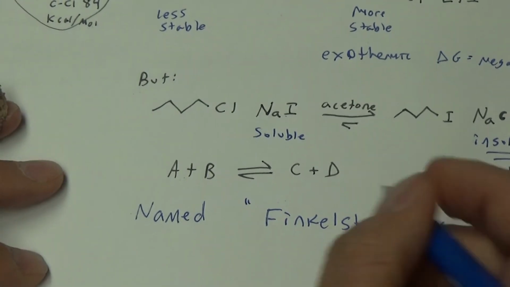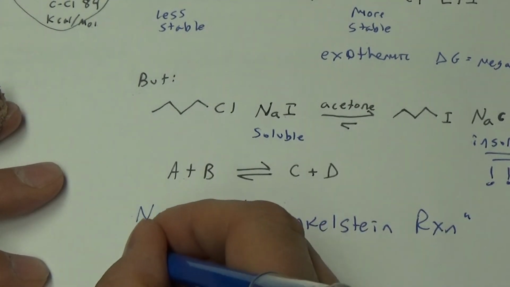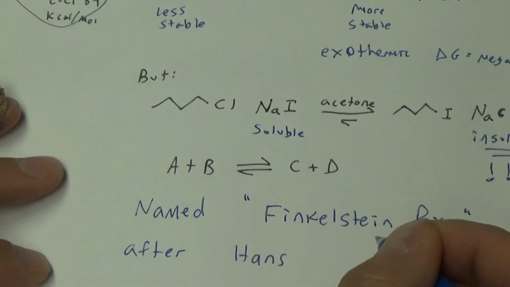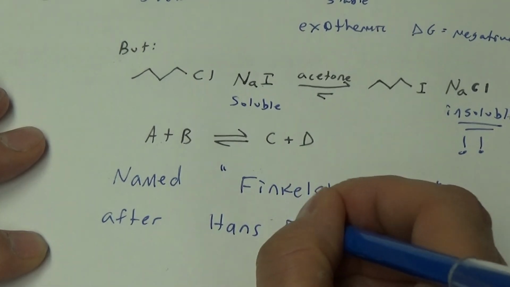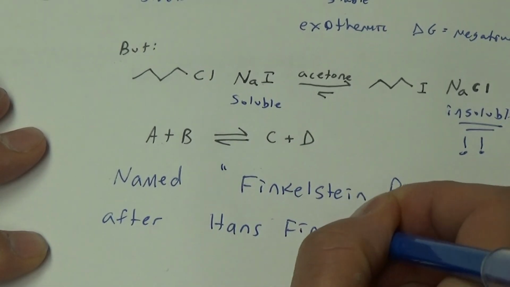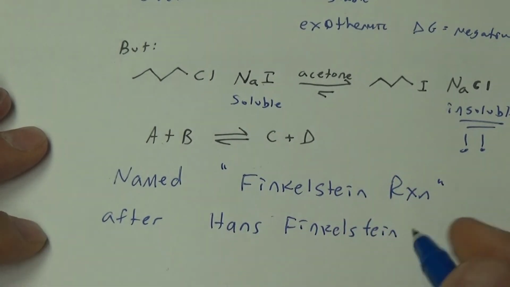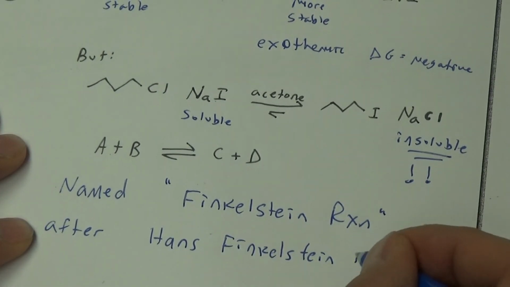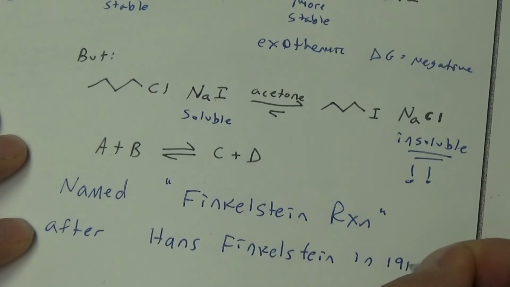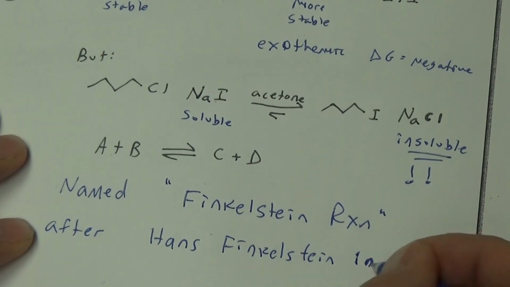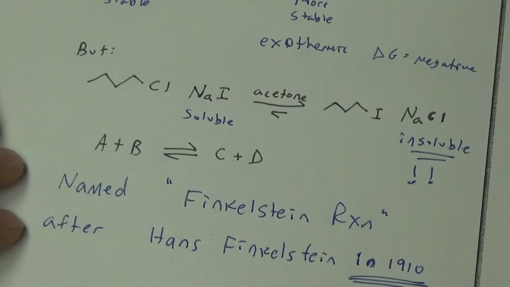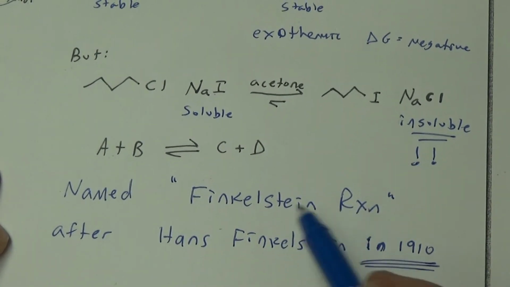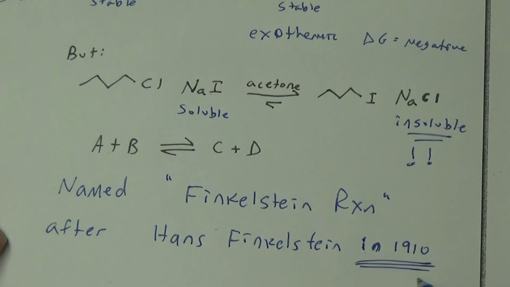It was named after Hans Finkelstein, and it was discovered in 1910. So it's a pretty old reaction. A lot of organic chemistry is really old. So anyway, you now know a named reaction named after Hans Finkelstein from 1910.